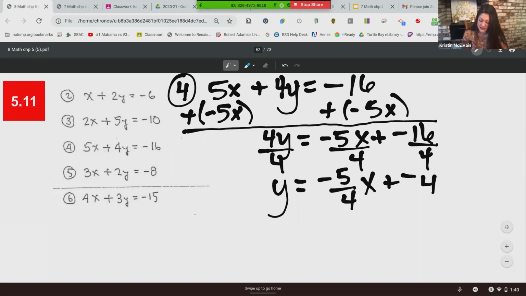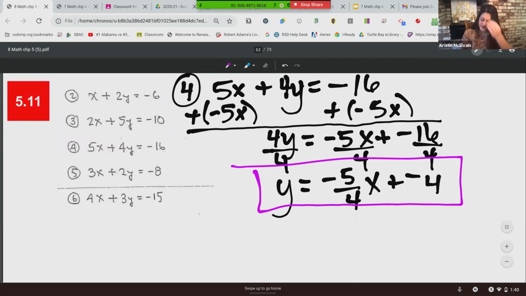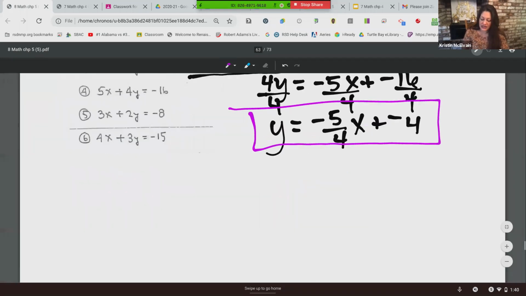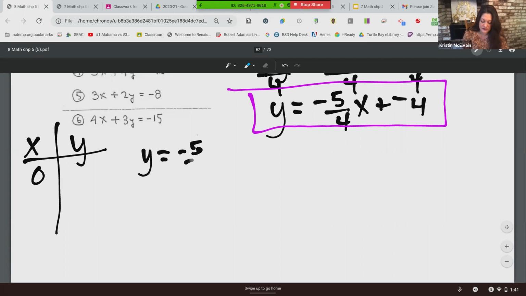Okay, so that is my slope-intercept form. Now we're going to plug in x values for our input to get an output. First one I'm going to use is 0. And so that means y is going to be my y-intercept. Means y equals -4.